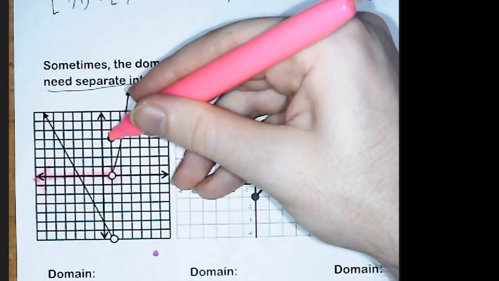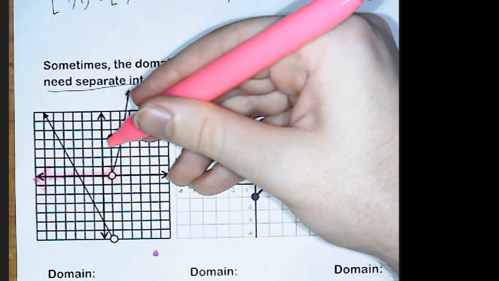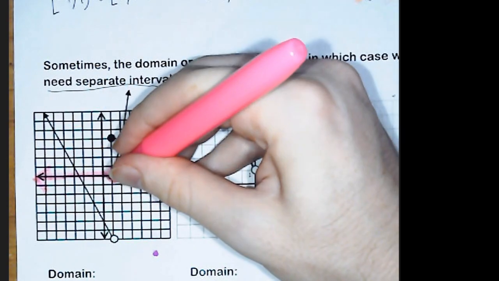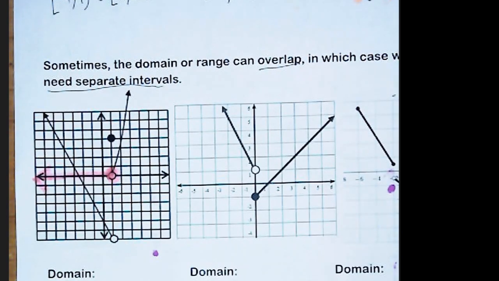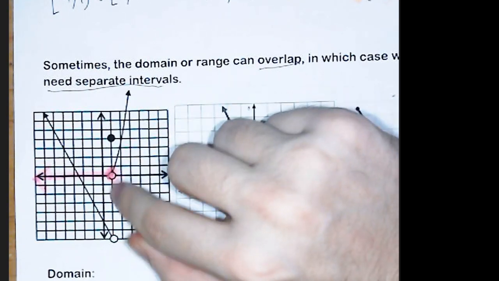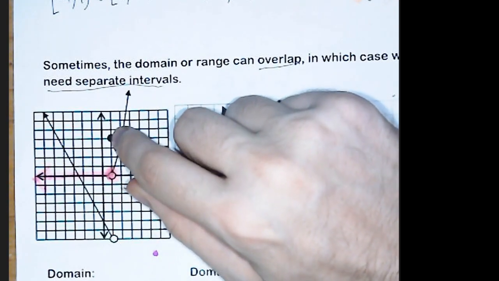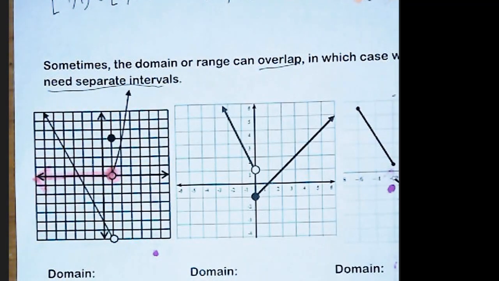But there is a point on the graph with an x value of 1. So this is not an open circle. 1 is part of our domain, because at x equals 1, at the x value of 1, there is a place where at least one of the pieces, in this case it's the second piece, exists. So 1 is also part of our domain.